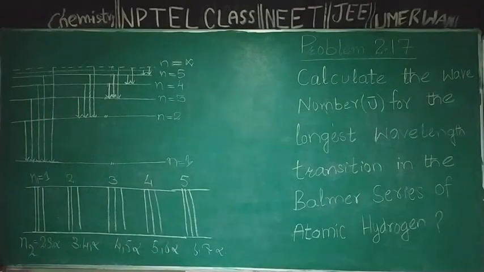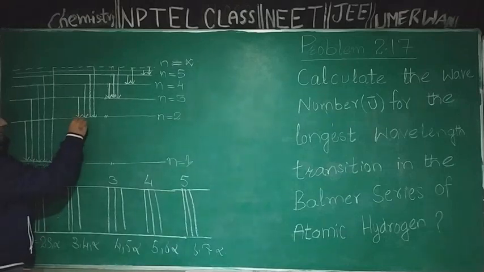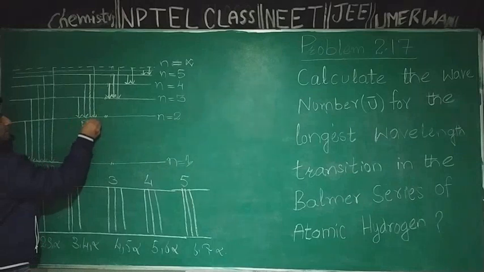Each series of lines is named after its discoverer. The first series of lines is named the Lyman series. The second series of lines is named the Balmer series.